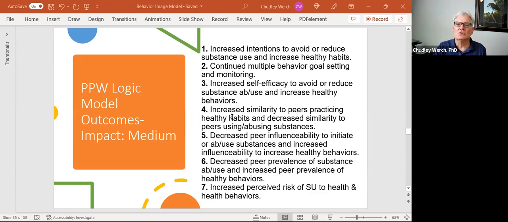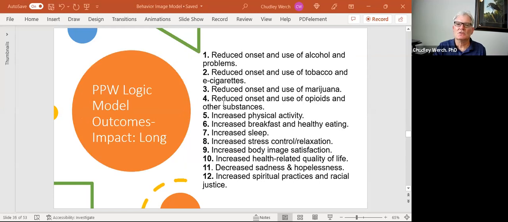Medium term, changes in self-efficacy, goal setting, intentions, and peer influenceability. I'll let you look at these yourself when I send you the slides. And then long term, we really want and have found through the research that PPW programs have an impact on multiple behaviors, not just substance use, and multiple substances, even though maybe a sport program, for example, that addresses only alcohol, found to be effective also for reducing tobacco and marijuana use and increasing physical activity.